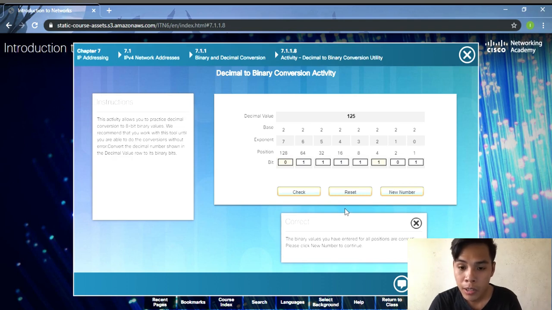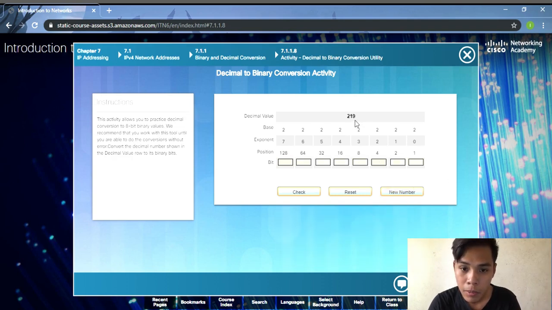So let's try another one. So the value is 219. So for 219, you can subtract 128. 219 minus 128 is 91. So we'll put a 1 there. You can subtract 64 from 91, which will be 27, so we put 1 here. 27 minus 32 will be negative 5, so let's put 0 there. 27 minus 16 will be 11, so let's put 1. 11 minus 8 will be 3.